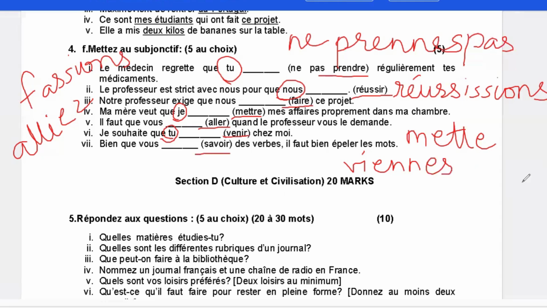The last one is the verb savoir. Does savoir come in the irregular verb list? Yes. So nothing much. In fact, the irregular ones are very easy to solve. Que vous sachiez. So it's done. It's very easy. The irregular ones which you are scared of, tackle that issue first.